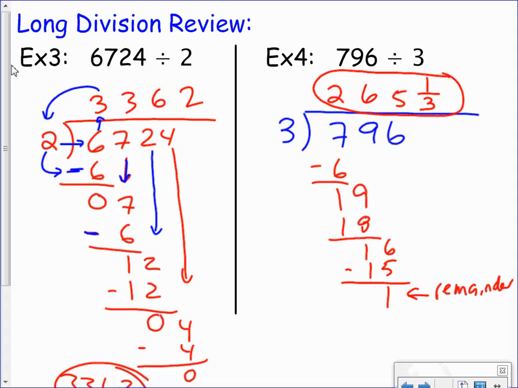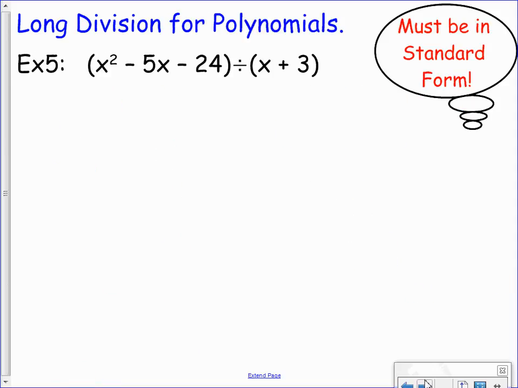This is the part where we bring it up to our level now. You can long divide with variables and polynomials. Be sure, make yourself a note, that when you're long dividing polynomials, it must be in standard form.